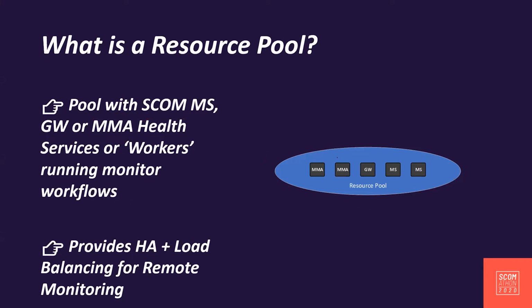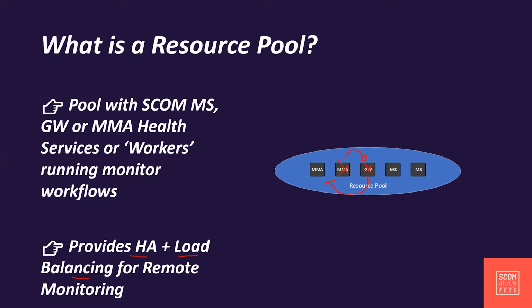And when a worker, a health service, fails, the workflows running there will just fail over to another worker. And when that one fails, the workflows running there will fail over again to another worker. So a resource pool provides high availability, and it does provide load balancing too in specific scenarios.